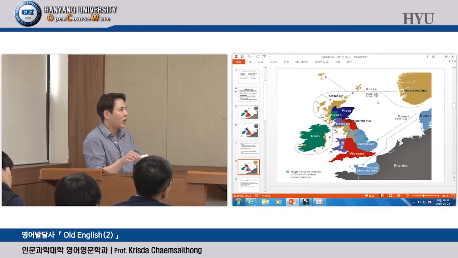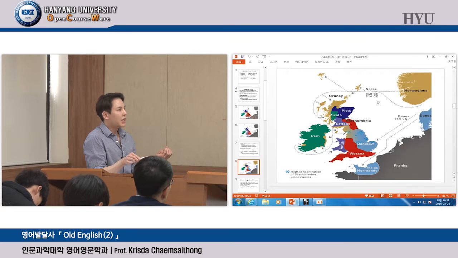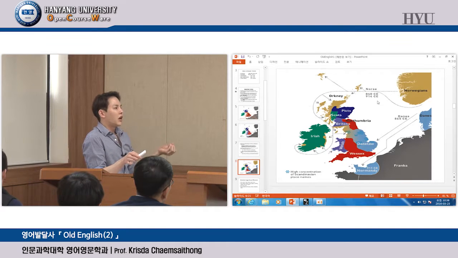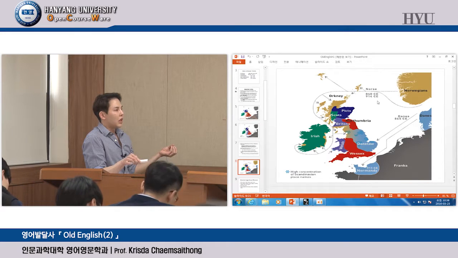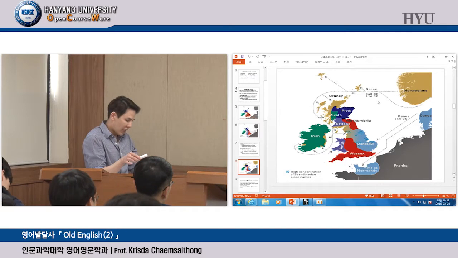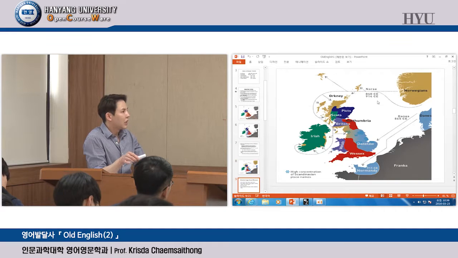So we have the Danelaw area, which is like this. You can guess that in this light blue Danelaw area, you can have a lot of place names that are Scandinavian. And in this dark red area, you have native Anglo-Saxon names, for place names at least.